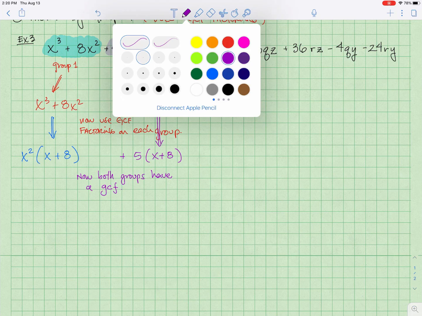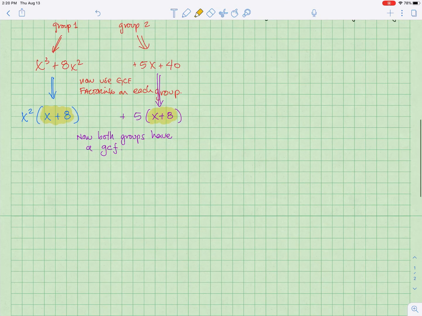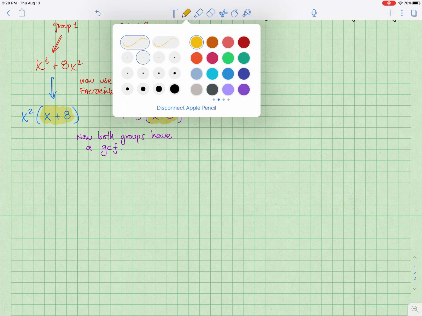But in this case, we can see that once we do factor by grouping, we now have another GCF. Both of these have x plus 8 in common. So that is our new GCF.